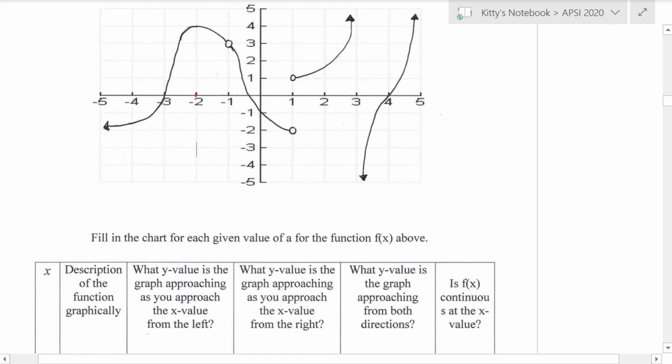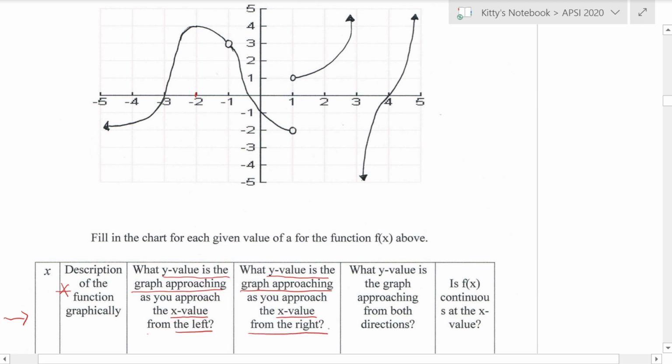So let's read what we need to do for each point, and then we'll go find each point and answer the question. So it says, describe the function graphically. What is the y value approaching as you approach the x value from the left? Okay. What y value are you approaching as the x value comes from the right?